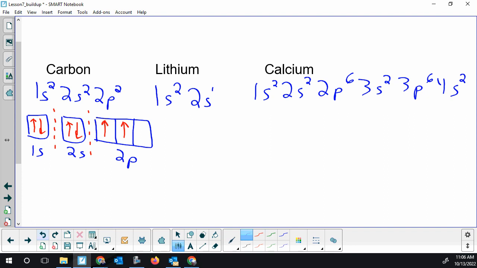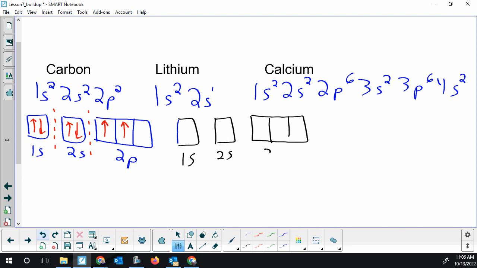Lithium. 1s, 2s, 2p. 1s2, so we've got to do our spin up and our spin down. That ends our lowest energy.